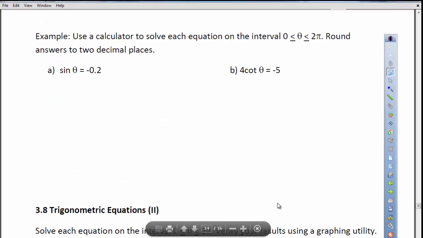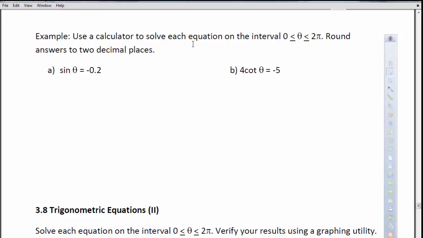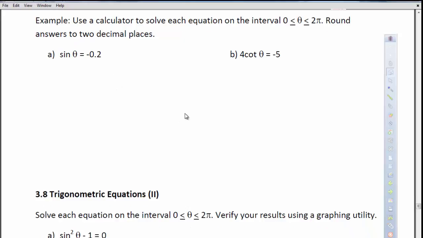Okay, now we want to use the calculator to solve each equation. Now the thing about using the calculator, you might feel really happy about that, but it's only going to give me one answer when we use sine inverse.